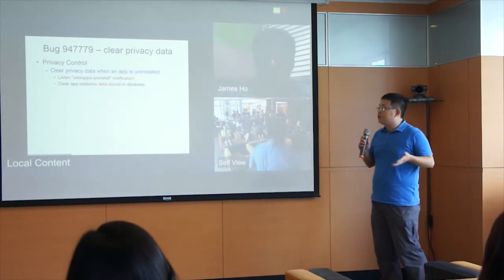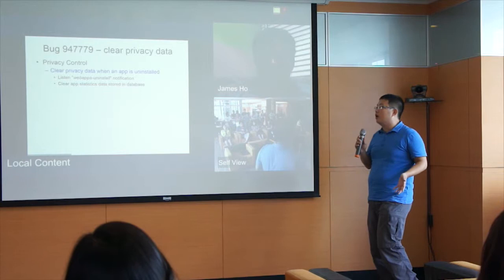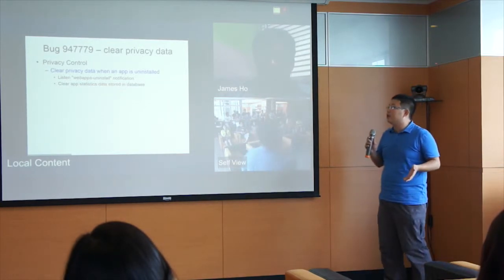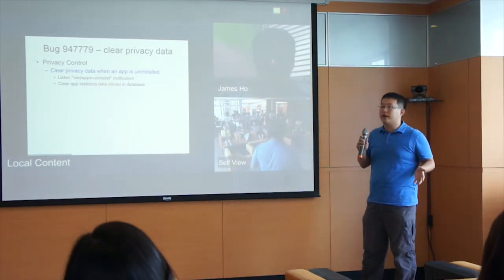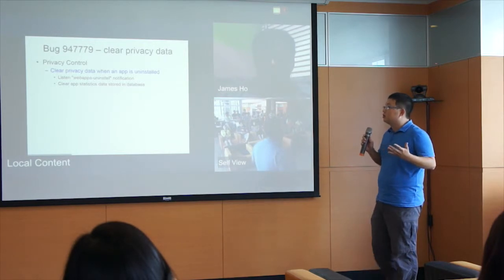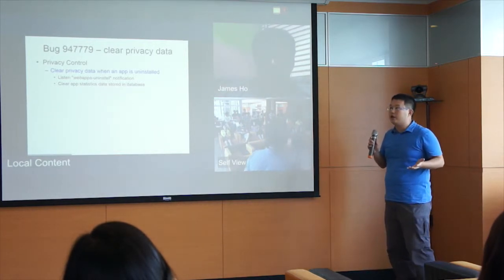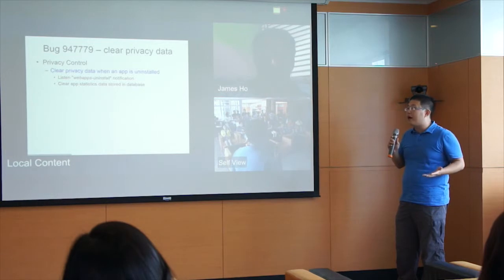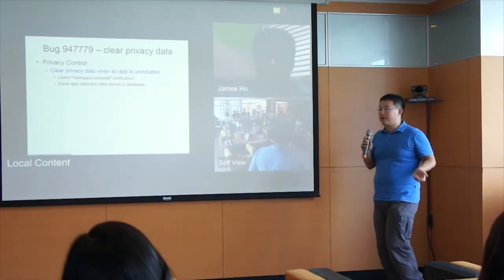So for this bug, in this implementation I capture the web apps uninstall notification, and when I listen to this notification, I will get the app ID, so I can clear the related statistics from the database.